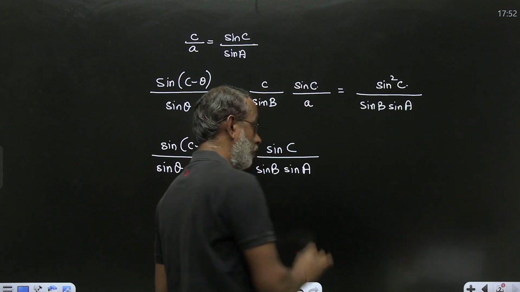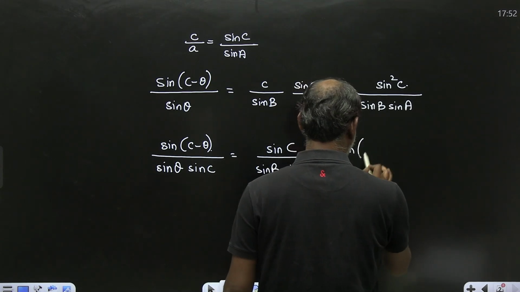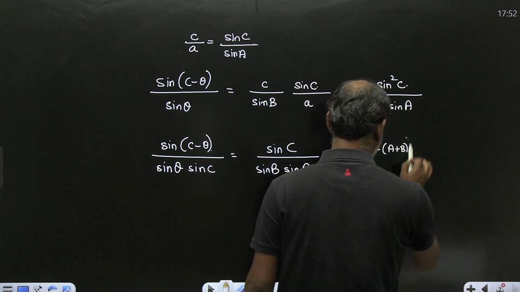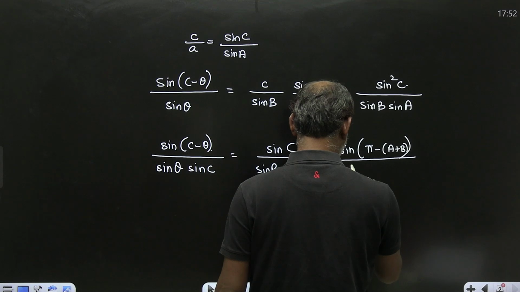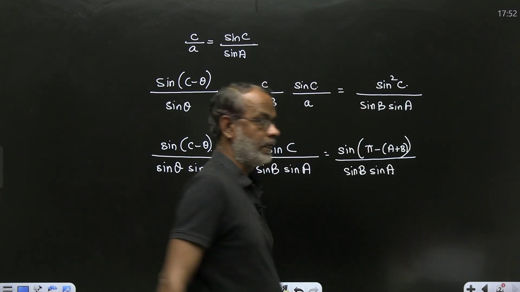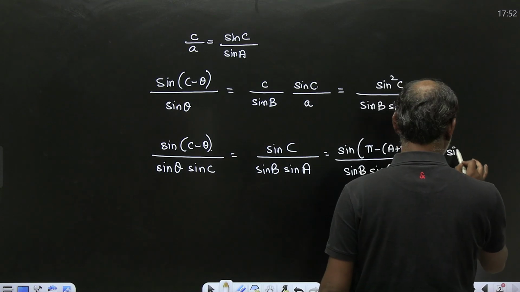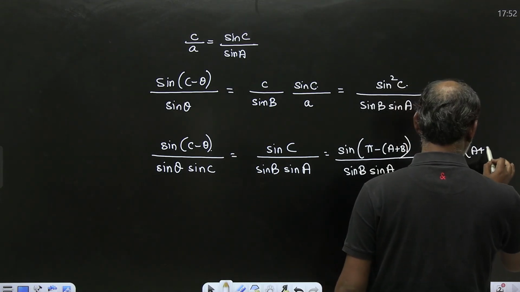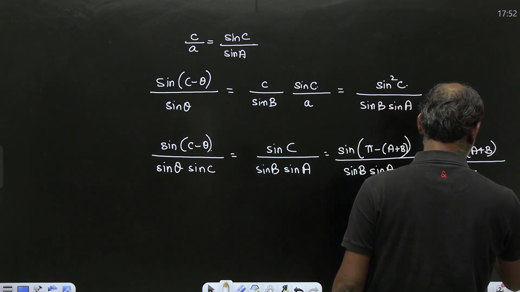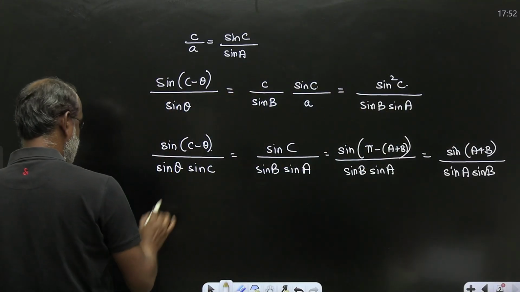Since in the new denominator you have A and B, we will write this as sine of pi minus A plus B upon sine B sine A, and sine pi minus theta is sine theta. So this is sine A plus B upon sine A sine B.